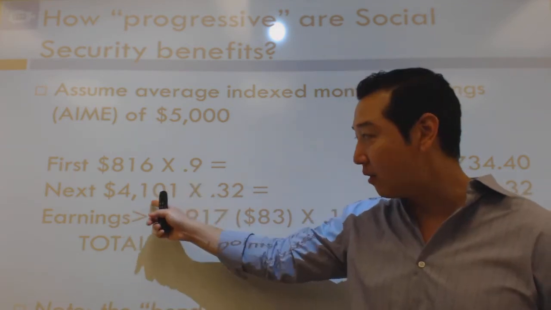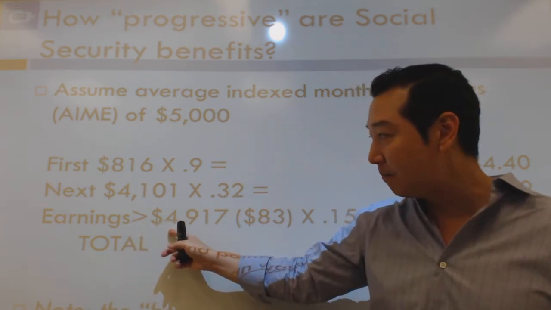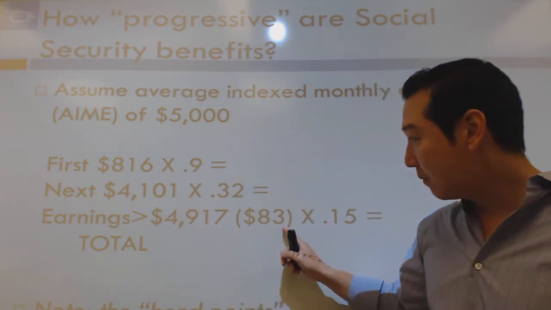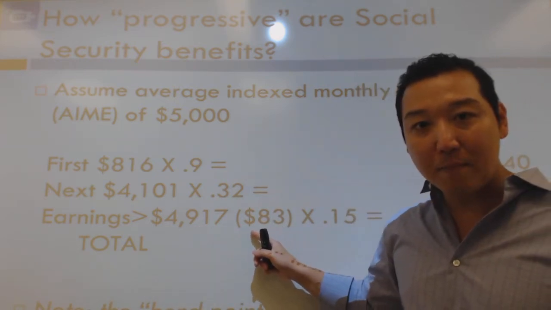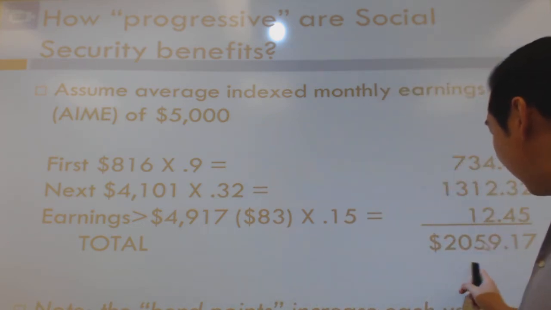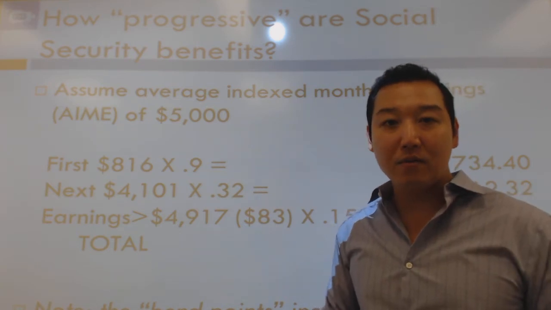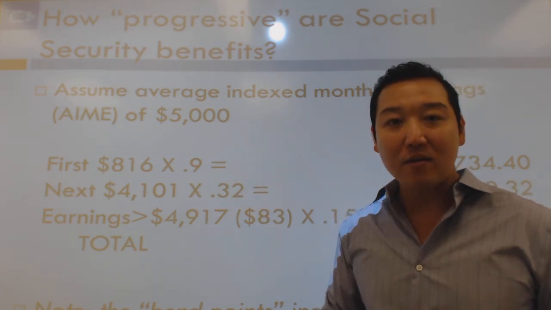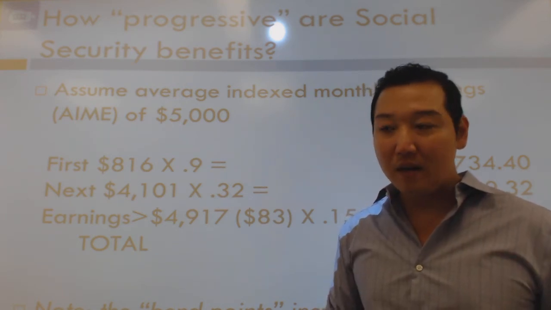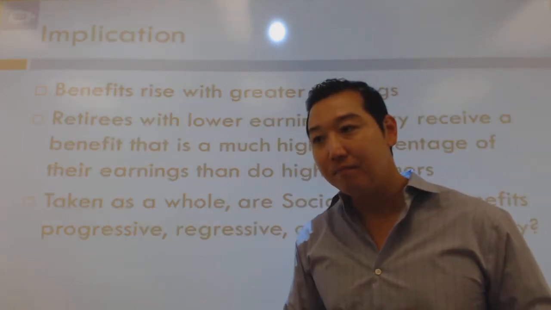The difference between the two bend points here, $4,101. And then any earnings exceeding that last bend point, right? This person exceeds this bend point here, $4,917. So that's $83. You'll get back 15% of those high-level earnings. And so this is the calculation, right? So in total, this worker with $5,000 on average of monthly earnings will get a primary benefit of $2,059.17 is what the calculation is showing here.